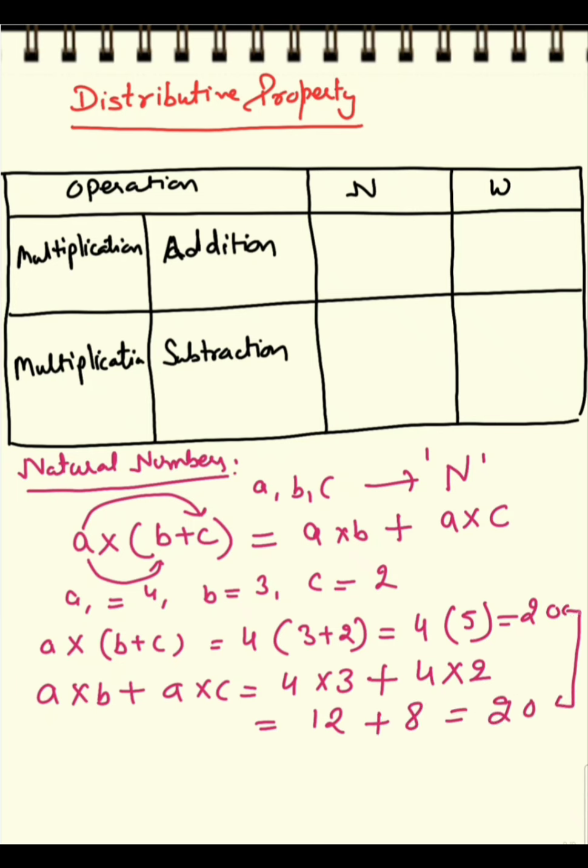So here we can say that the multiplication of natural numbers is distributive over their addition. So we can say here yes. Similarly, we can prove for whole numbers also that the multiplication of whole numbers is distributive over their addition. So it will come yes over here.